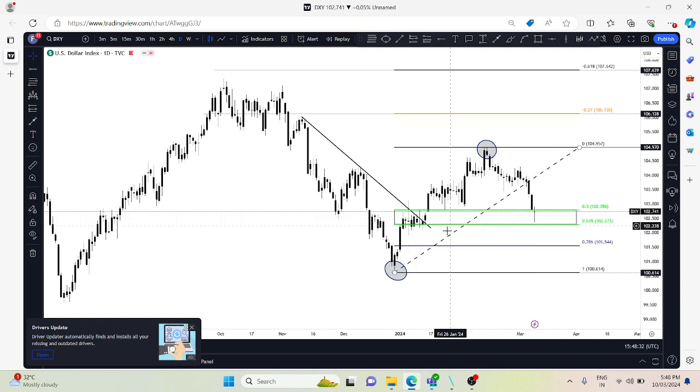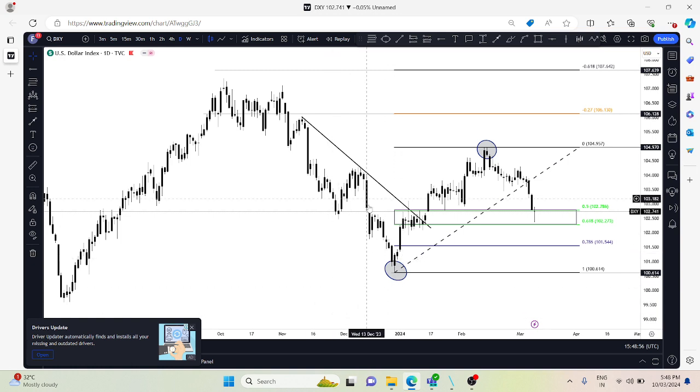So now we already know that we have broken our trend line, came back and retested it for the second time, meaning the first time and the second time, and now we are forming something like a double bottom, meaning the first bottom and the second bottom going to the upside. That's the first one.